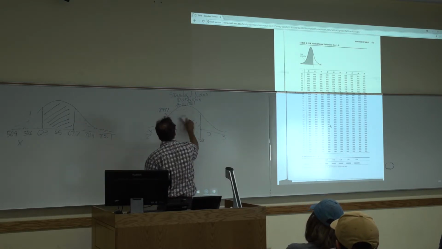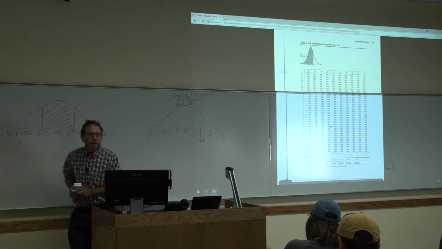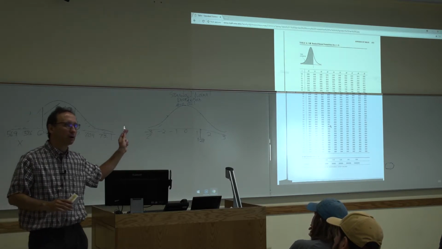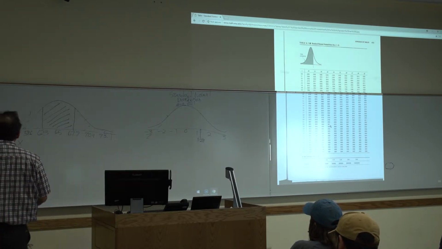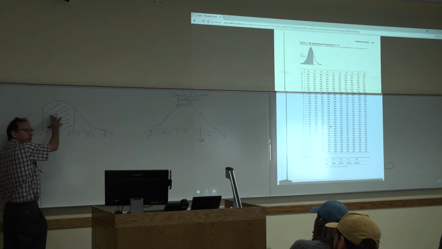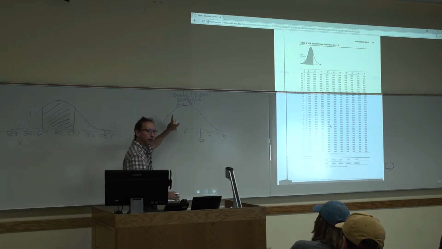So let's compare. What I want you to do here is compare these two distributions. These are both normal distributions. Now, this area right here underneath this normal curve is going to be the same as what area over here? The area under the curve between what and what?